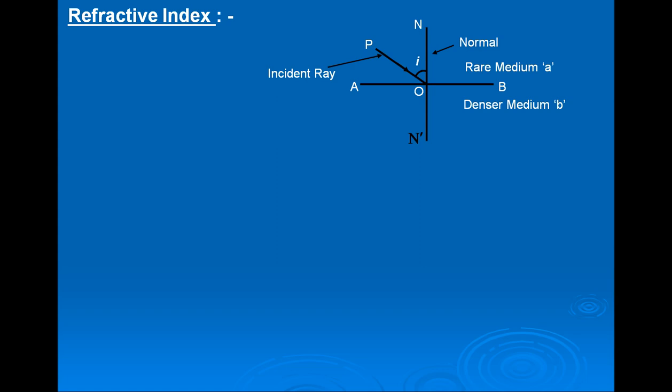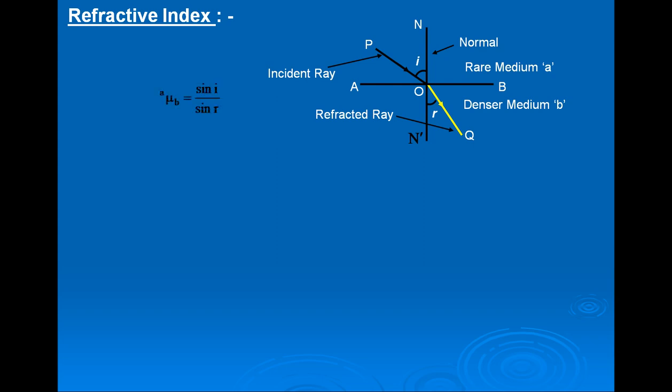Now as the ray of light is entering from rare medium to denser medium, it will bend toward the normal, and OQ is the refracted ray of light, which makes an angle R, the angle of refraction, with the normal.